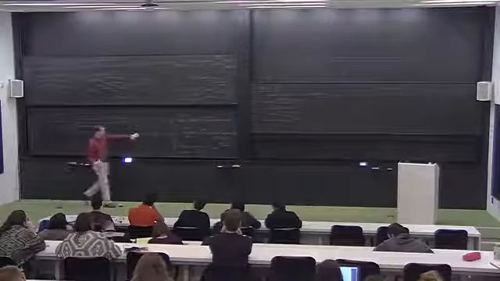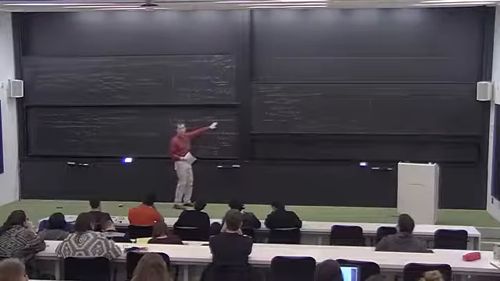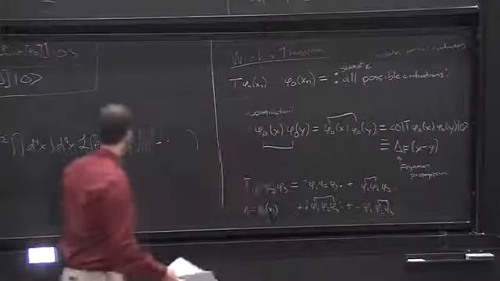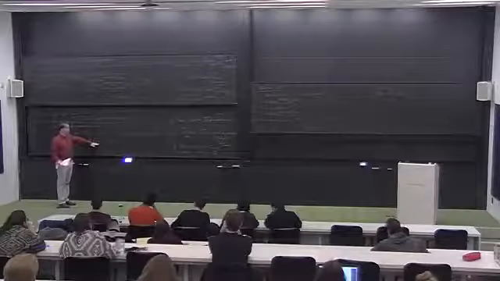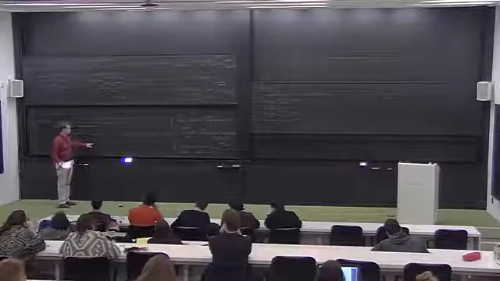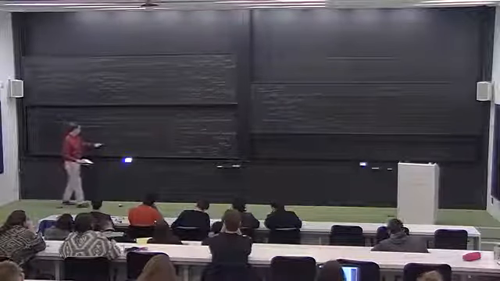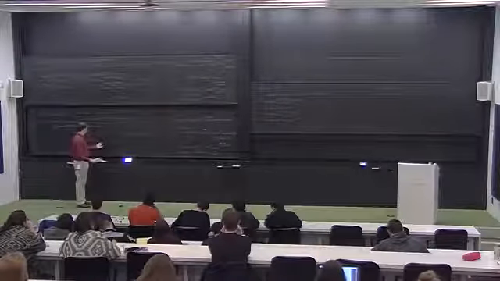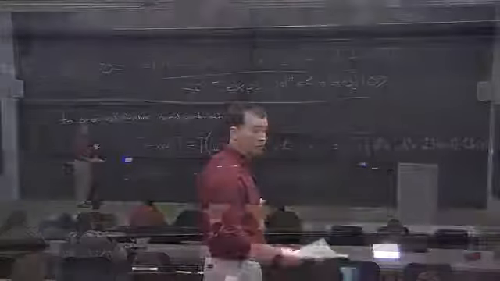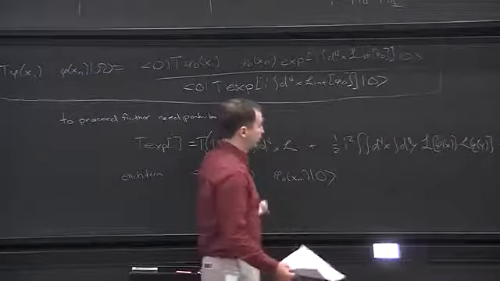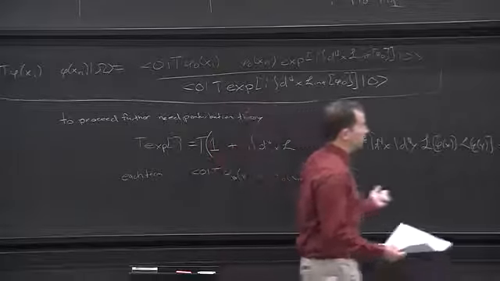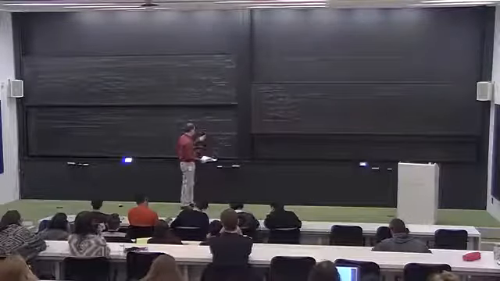Wick's theorem is a statement about the operators, but we're ultimately interested in computing vacuum expectation values of operators. So Wick's theorem tells us that we can replace this time ordered product with a sum of normal ordered terms, and the vacuum expectation value of a normal ordered term vanishes unless we have a completely contracted term.